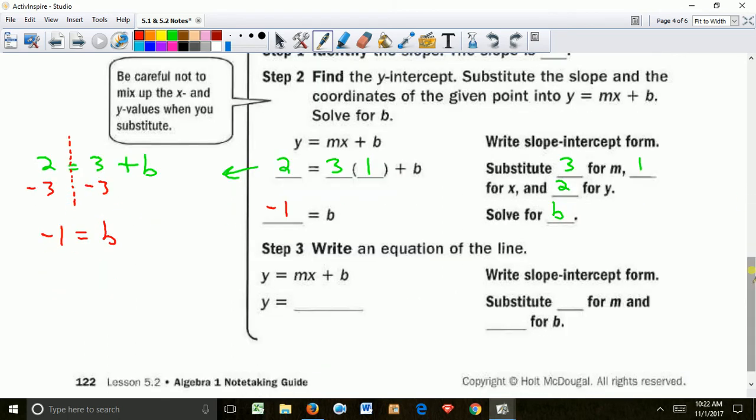After all that hard work, you want to write the equation of the line in slope-intercept form, y is equal to mx plus b. So you substitute 3 in for m and negative 1 in for b. The equation becomes y is equal to 3x plus negative 1, and if you simplify that, you get y is equal to 3x minus 1.